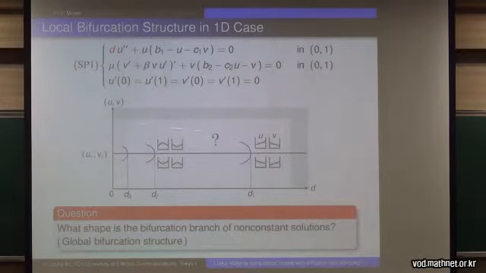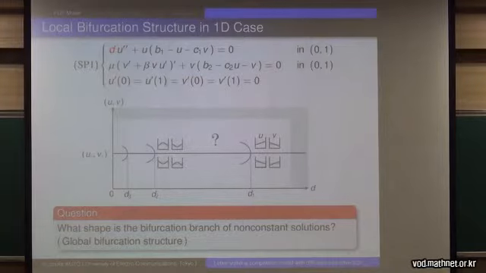So any solution is uniformly bounded by some positive number. So we can say that any extension of this local bifurcation curve cannot go beyond this bounded line.